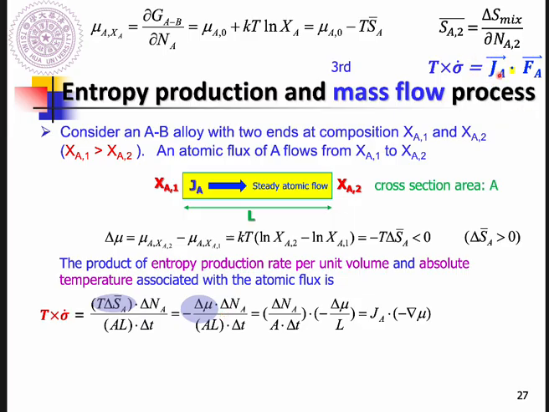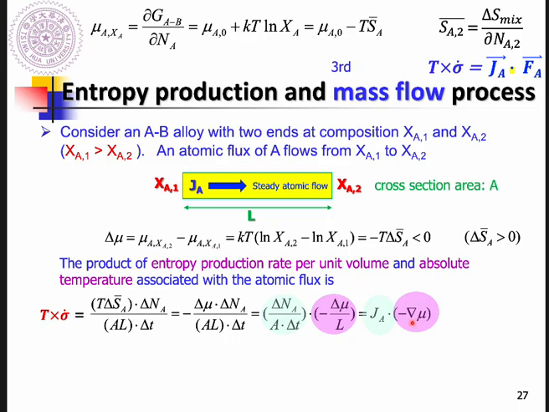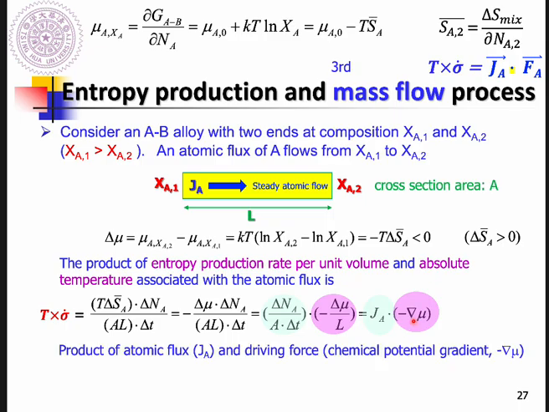This is the atomic flux. As mentioned before, the unit of atomic flux is the number of atoms per unit area per unit time. So I put these together, with the chemical potential outside. This is the atomic flux, and the rest, which we call the driving force, is the negative chemical potential gradient.